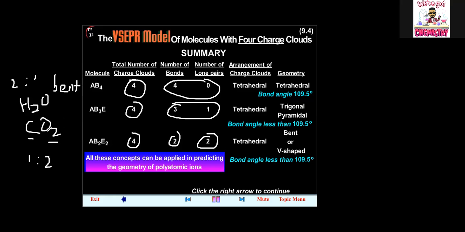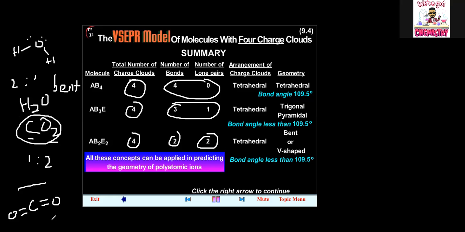But this one doesn't have a lone pair of electrons. Carbon dioxide does not have lone pairs of electrons. That's why it's linear. All right? It's quite different from H2O. So it's linear, compared to water, which has lone pairs of electrons.